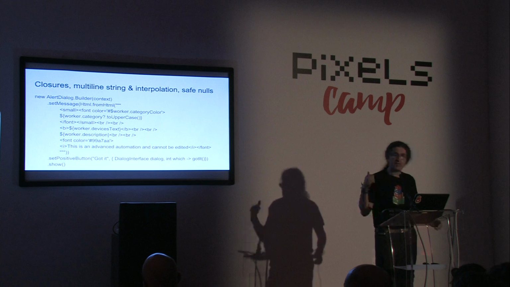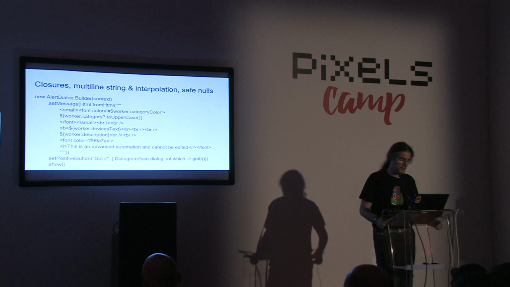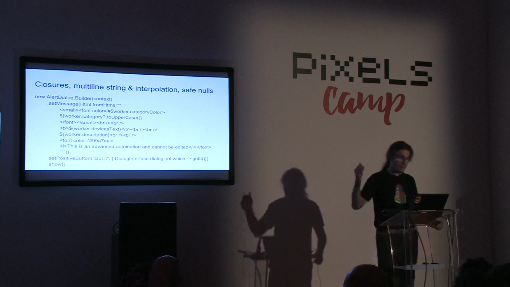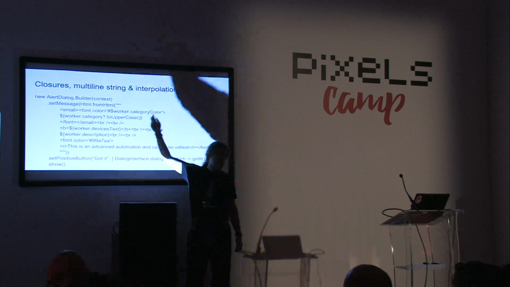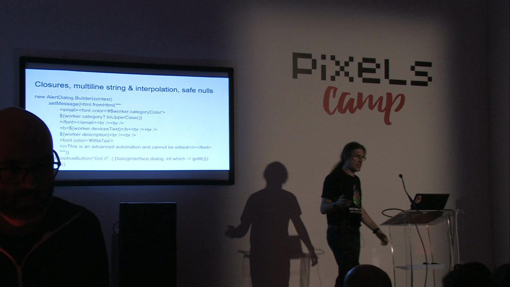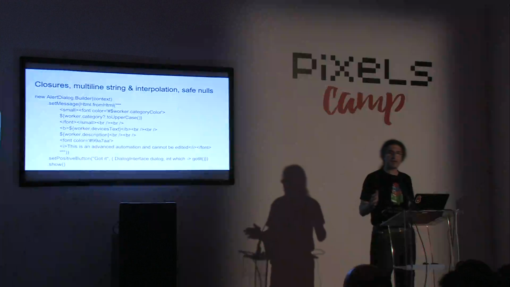I'm building an alert dialog, which you might know in Android. So, things that are different from Java. You see that we have the triple quotes, which is saying I'm going to write a multi-line string, which you don't have in Java.